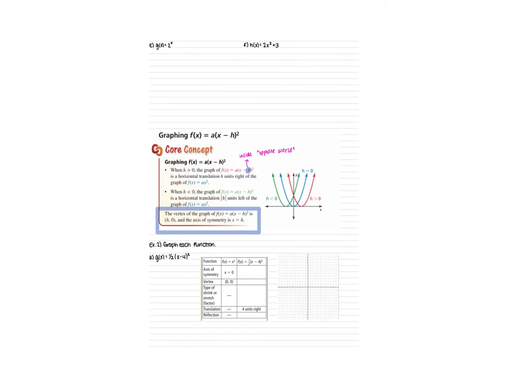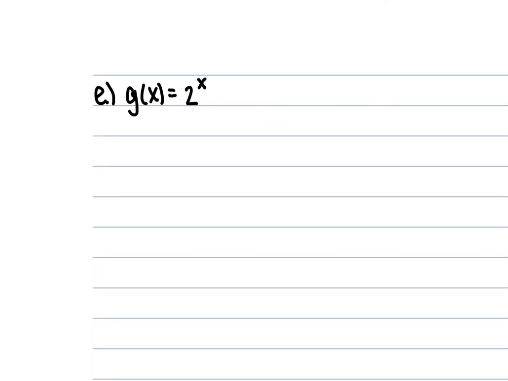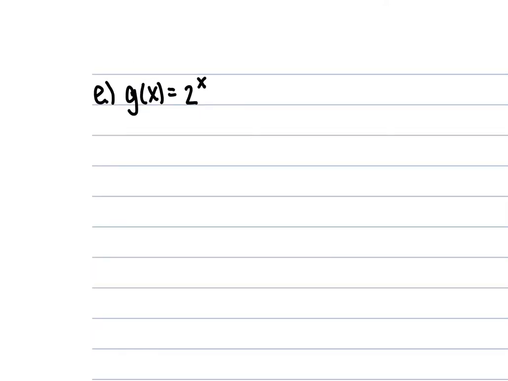Okay. Next one is E. What would we do here? Negative g of x equals negative 2. So negative g of x is equal to negative 2 raised to the x power. Okay.